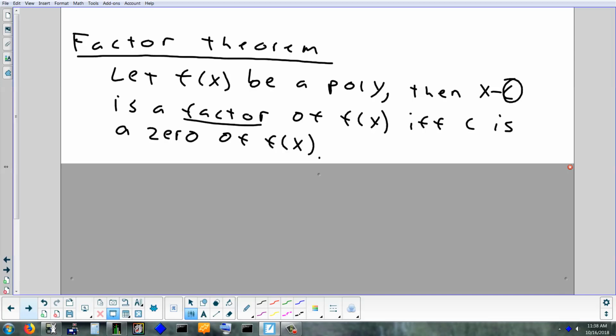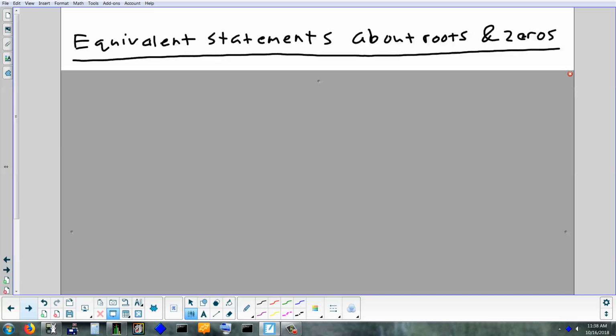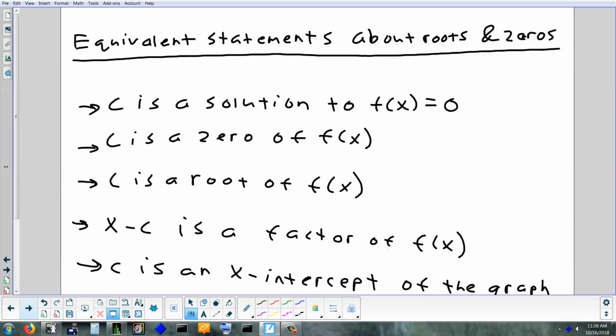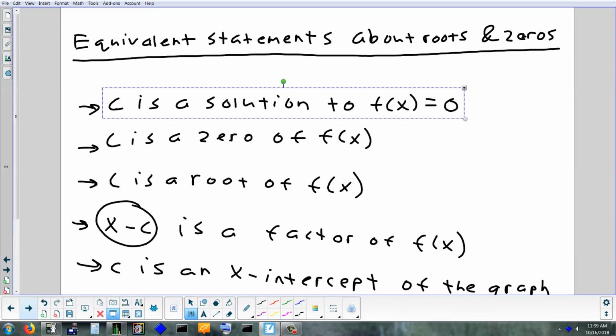If x minus c is a factor, and in fact, I think I have it on the next page. You don't have to write it yet because we're going to come up to this. But if you have a number that's a 0, it means that number is a root. It means if you plug that number into the equation, you get 0 as the answer. It also means that x minus the root is a factor.